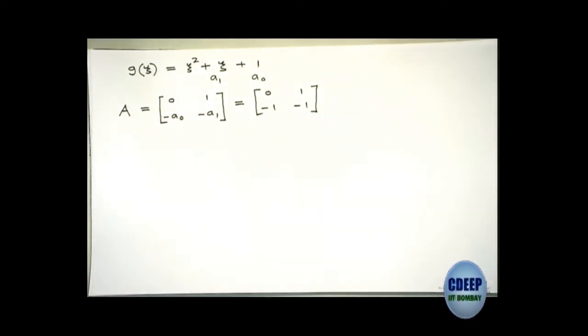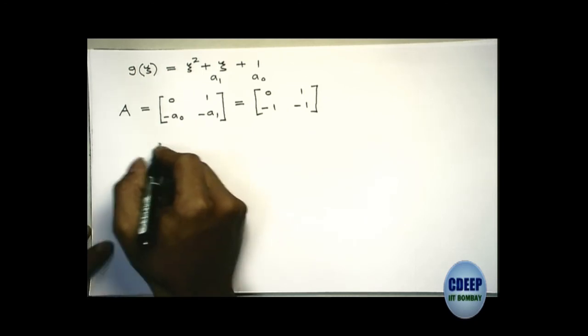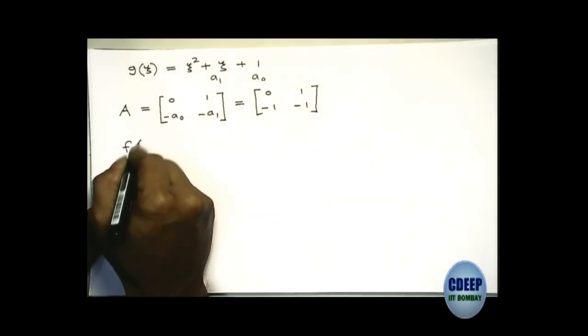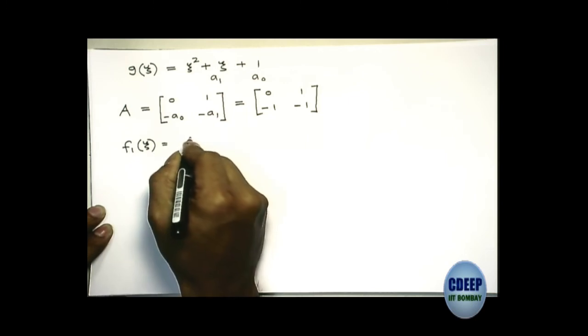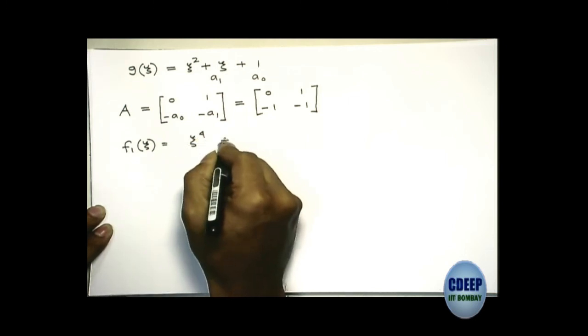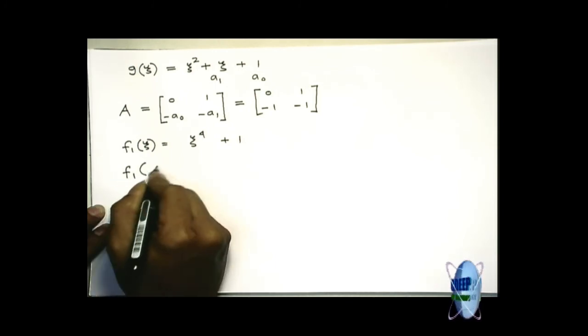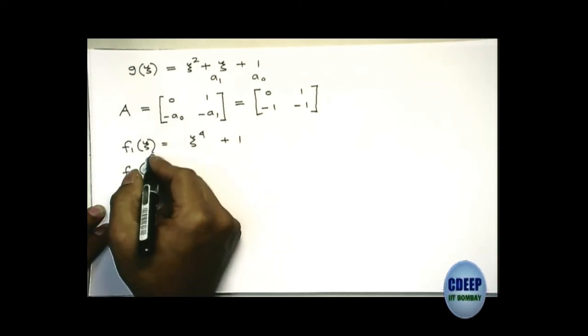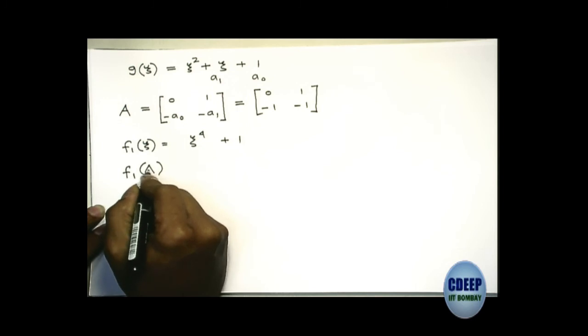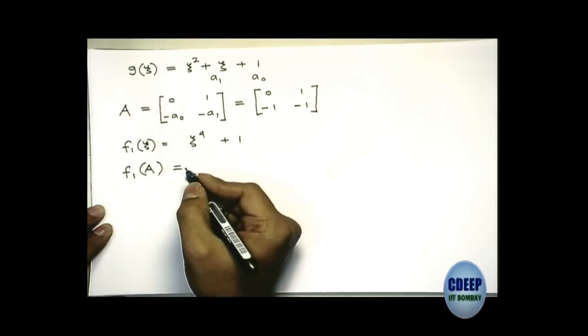We need to find out the remainder, right? Here is the trick. We have to find out the remainder of f1(xi), which is xi to the power 4 plus 1. Do the following. In this same polynomial, replace the xi by the matrix A. That will give you a matrix polynomial, right?